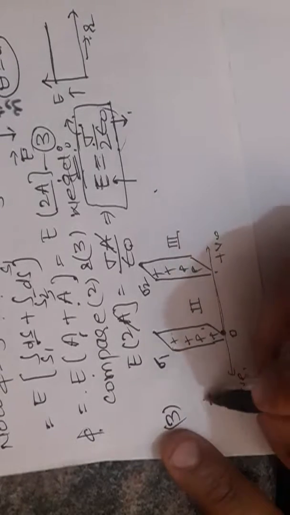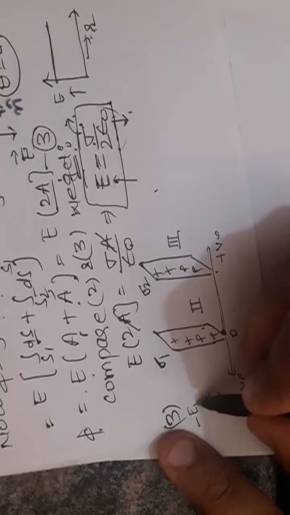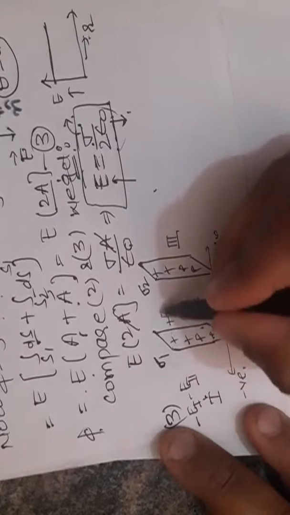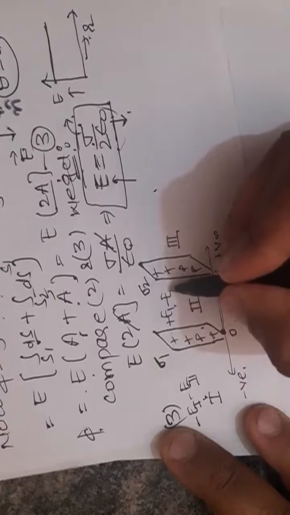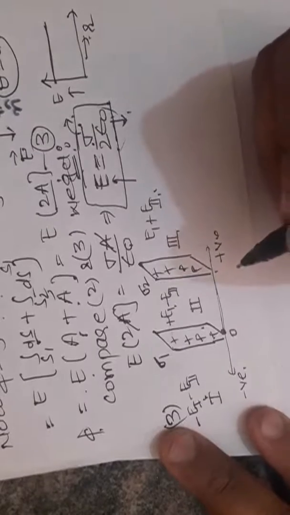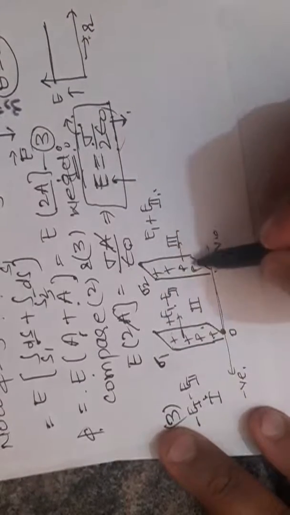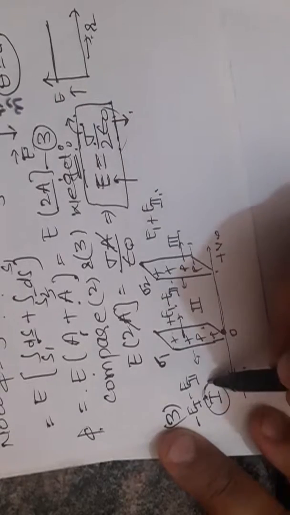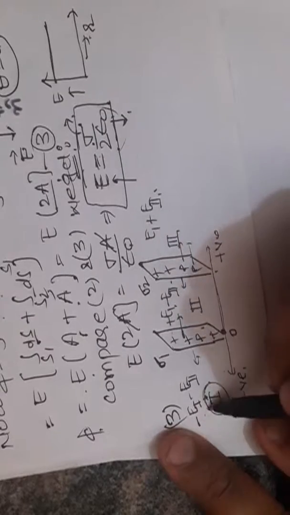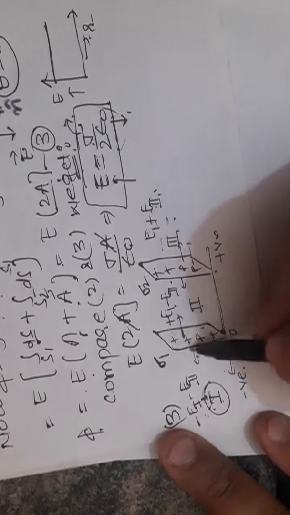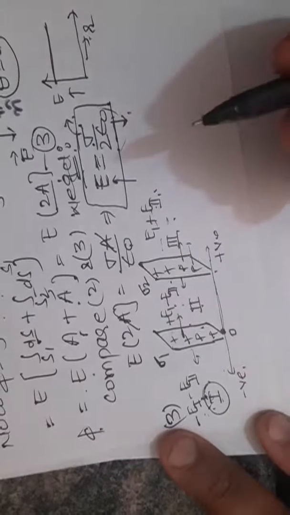Listen again: the electric field on this side will be positive, but if I move to this side then it will be negative. If I am in this region, away from the electric lines of both, it will be negative. In this region, both are of the same magnitude, but this will be negative and this will be positive. If I get inside, for this it will be positive and this will be negative.